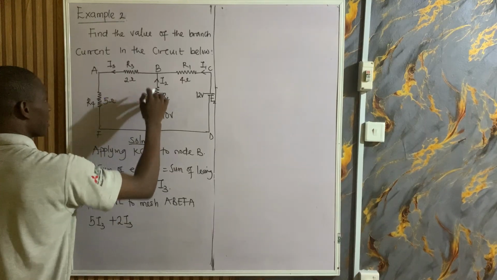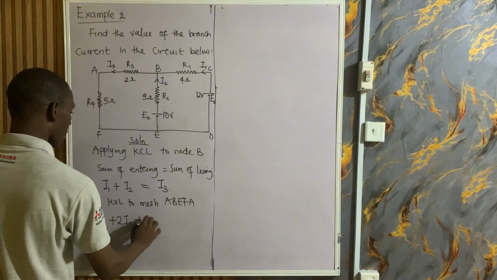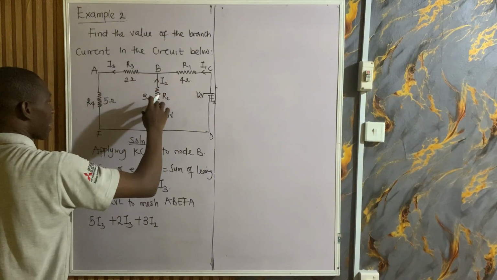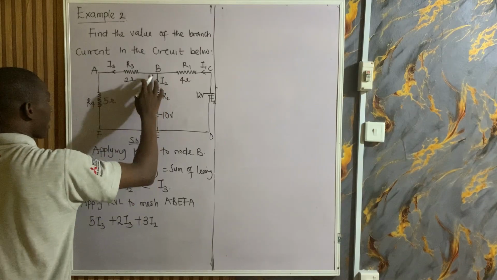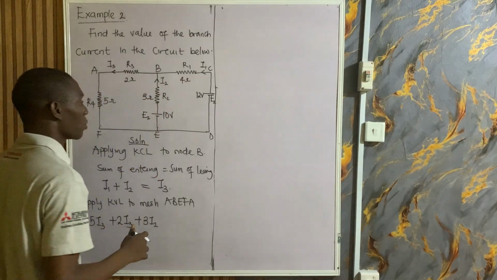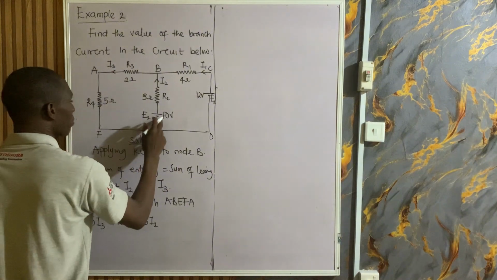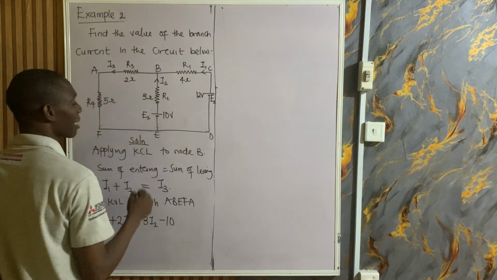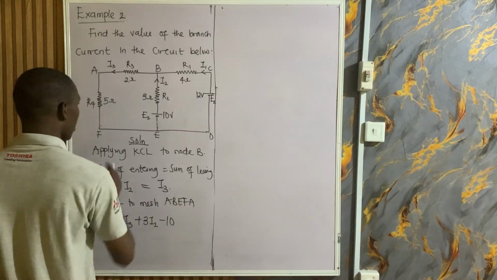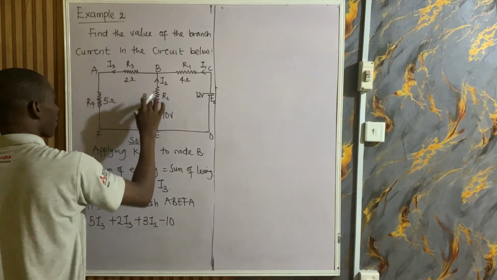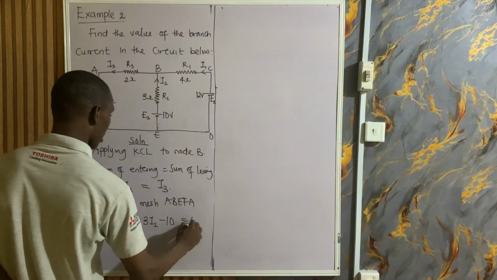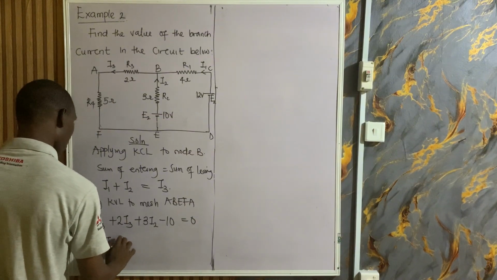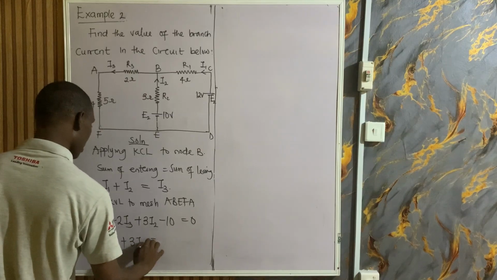Then on getting here, it will be plus 3I2, because from B to E the current is going in the opposite direction, so a positive voltage or voltage gain. Then this will be minus 10, because I'm going to see the shorter terminal lastly. Then no voltage here. Equal to 0. So from here we can say 7I3 plus 3I2 is equal to 10.